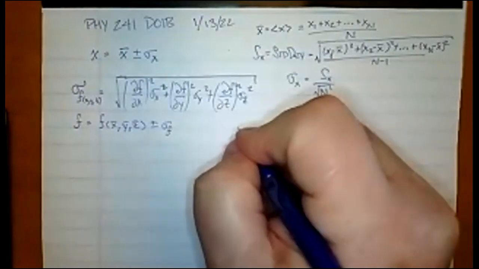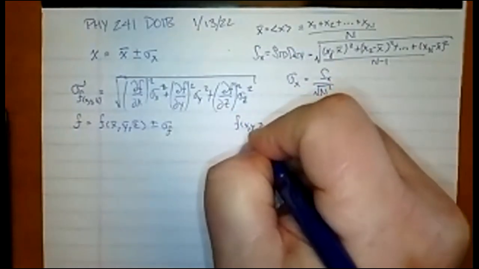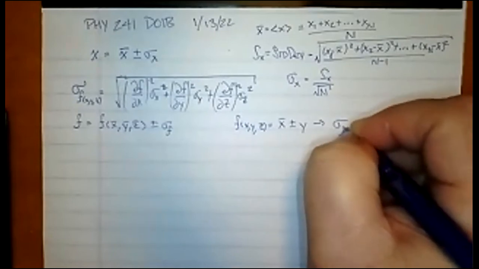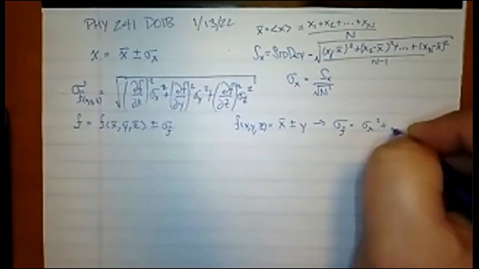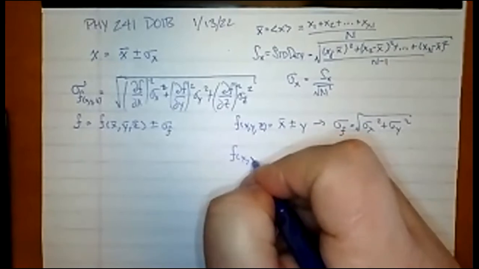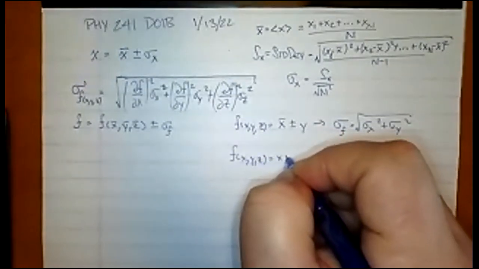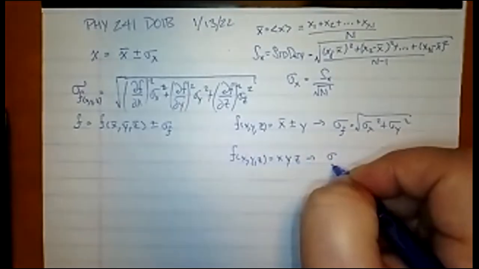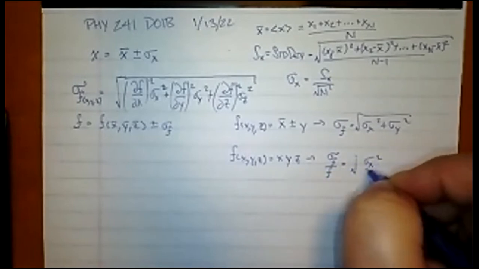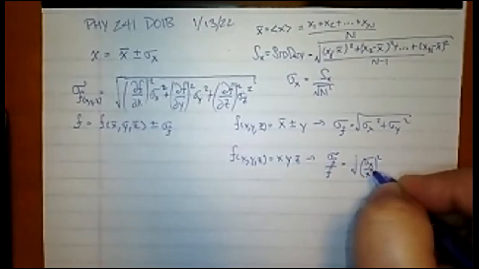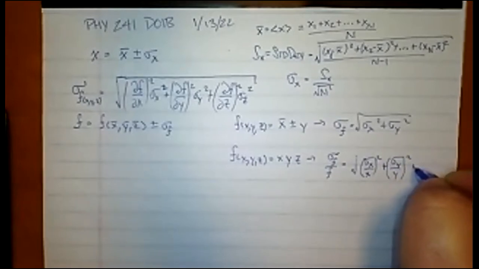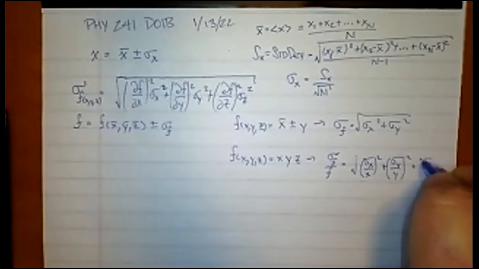So f of x, y, z equals x plus or minus y just gives me the sum of the squares of the uncertainties, but f of x, y, z equals x times y times z gives me that the fractional uncertainty of f is equal to the fractional uncertainty of x squared plus the fractional uncertainty of y squared plus the fractional uncertainty of z squared.